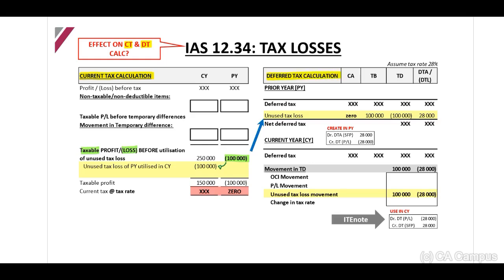And remember that I'm focusing on the important principles that you need to know to be able to pass your tests and your exam. Now, when you look at your deferred tax calculation, in the prior year, the year in which we have recognized our deferred tax asset, we include a line, unused tax loss.